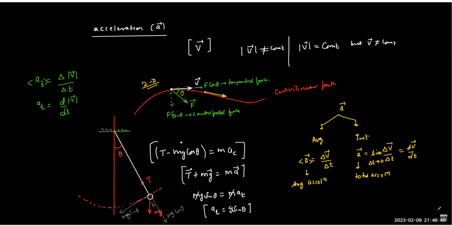Okay. For example, if I give you a question like this. So if I say that, okay, a particle, and this is a very typical question which I take in every lecture.